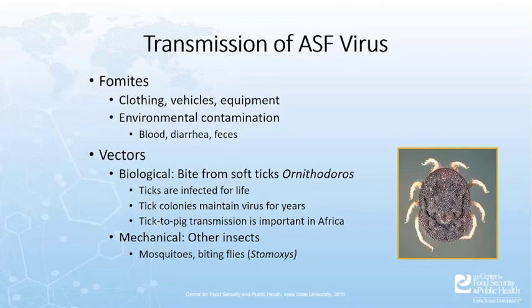The ticks are infected for life, and they're in the burrows of the warthogs or bush pigs, and the ticks transmit the virus to newborn animals while they're in the burrow and maintain this virus in Africa in the tick-to-pig transmission cycle. There is concern that other biting insects may be able to transmit the virus either mechanically or through transmission of blood also. That can't be ruled out.